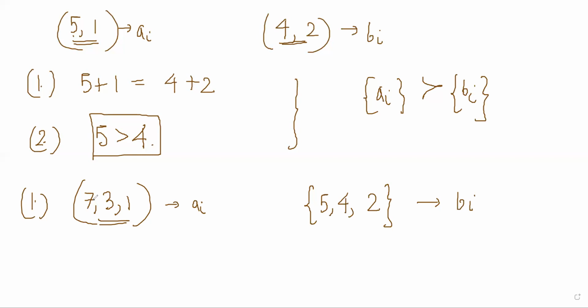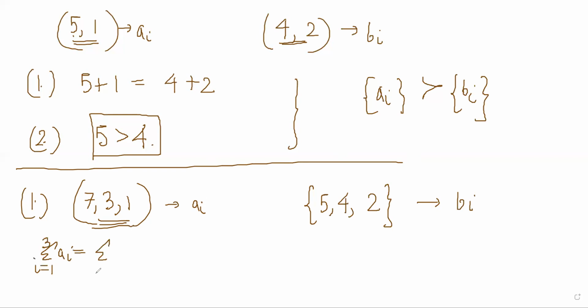Once we have that condition in place, we have to check the total sum of all the terms. There are three terms here, so the summation of Ai from i equals 1 to 3 should be equal to the summation of Bi. That is the first condition. You can check that: 7 plus 3 plus 1 is equal to 11, and 5 plus 4 plus 2 is also 11. So the first condition of majorization is true here.